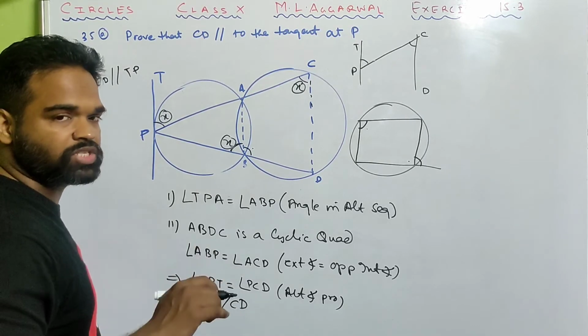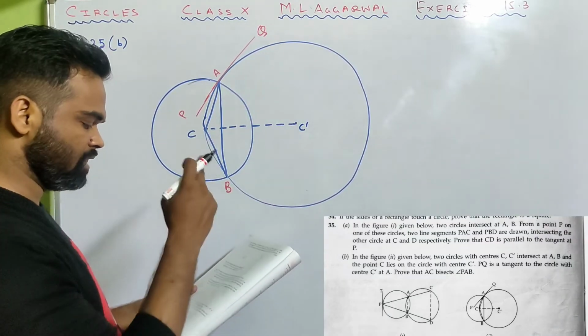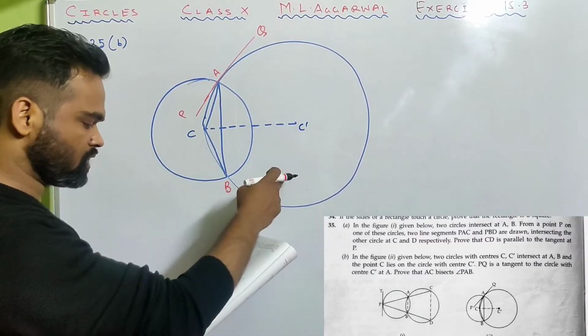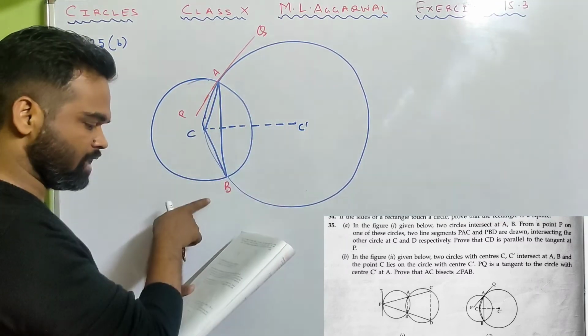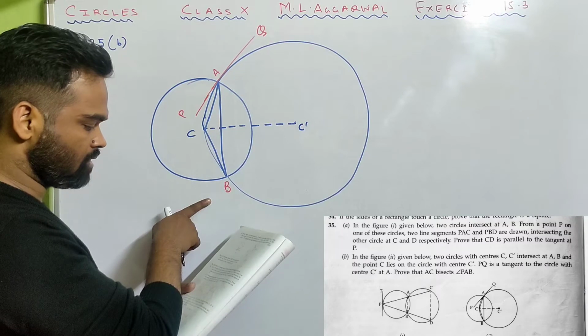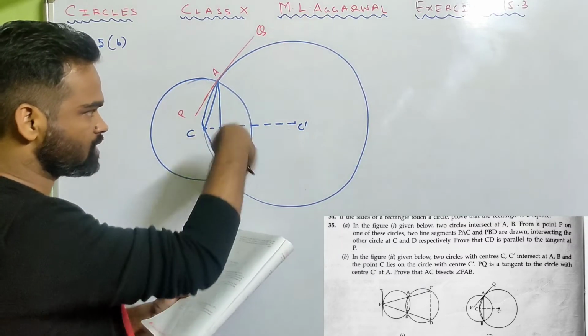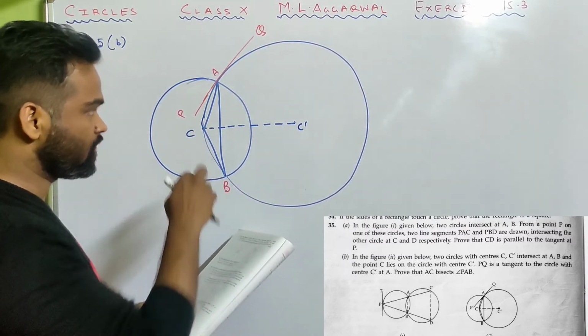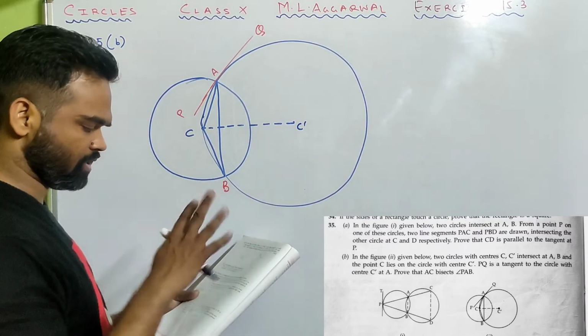Chalo. We'll do the next one, 35 part B. Now look at 35 part B. In the figure given, two circles with centers C and C dash intersect at A and B, and the point C lies on the circle with center C dash. PQ is the tangent to the circle with center C dash at A. You can see.